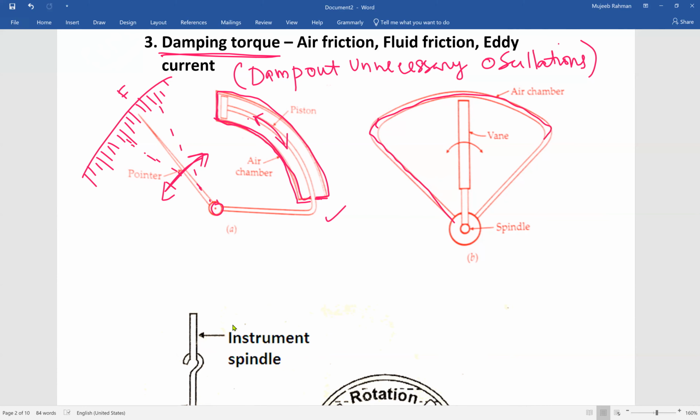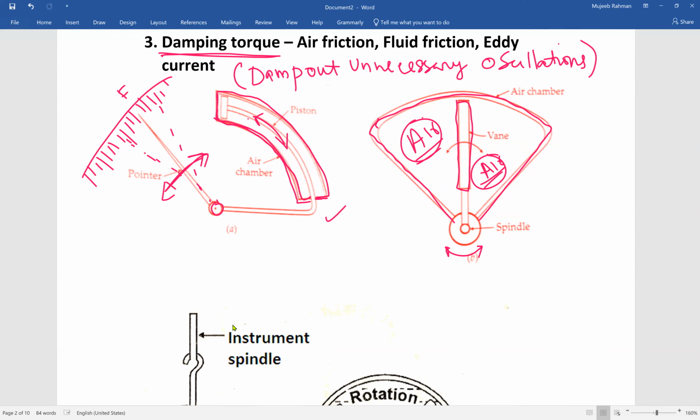Again, it is the same technique, where we have a chamber consisting of air, and there is a movable vane attached to the moving system. Whenever the moving system tries to oscillate, this vane also oscillates. The air pressure, or the friction against the air, will damp out the oscillation. So this is the second type.